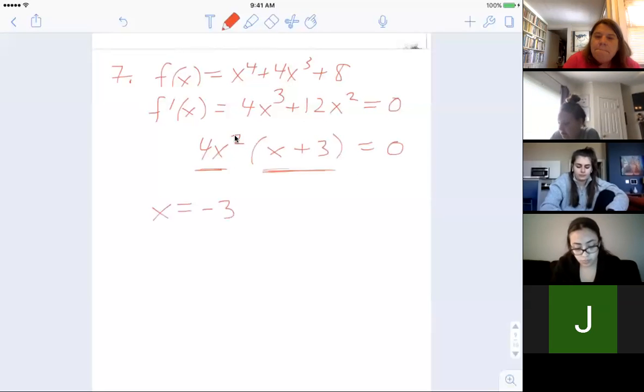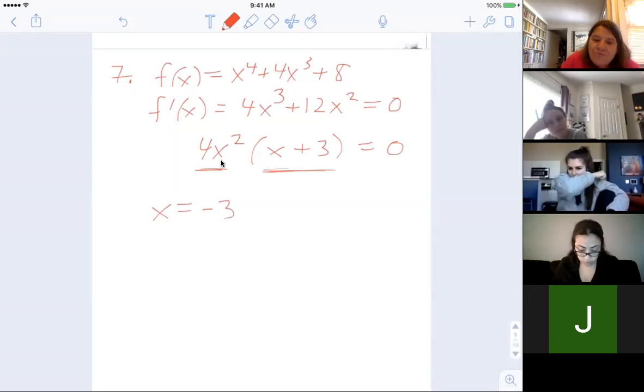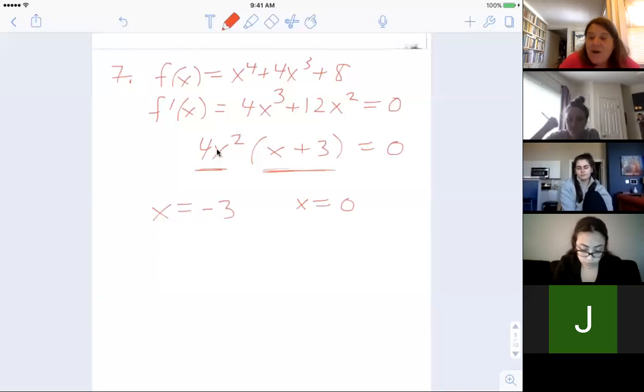Now, I'm not particularly worried about this square because whatever makes x 0, we know 0 squared would also be 0. So what value makes this 0 here, guys? The 4 is just 4. That's not going to change. What would make x squared equal to 0? Just x equals 0. It doesn't matter if that was to the 100th power, guys. If you put in 0 here, it's going to be 0.